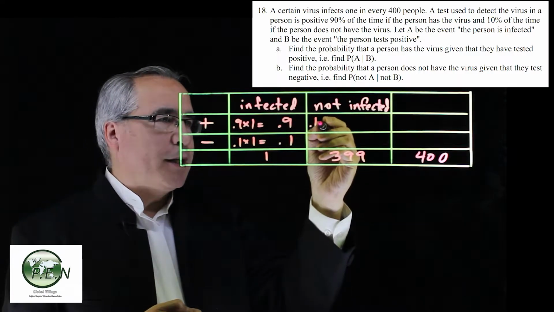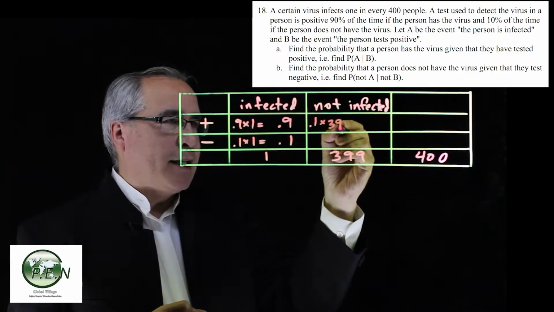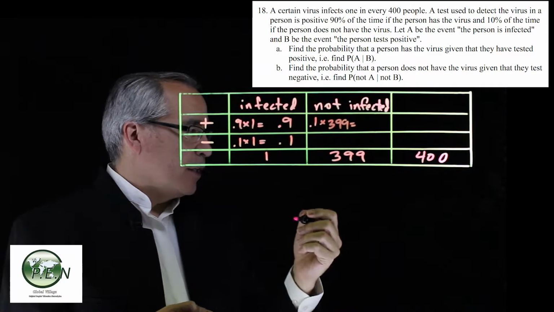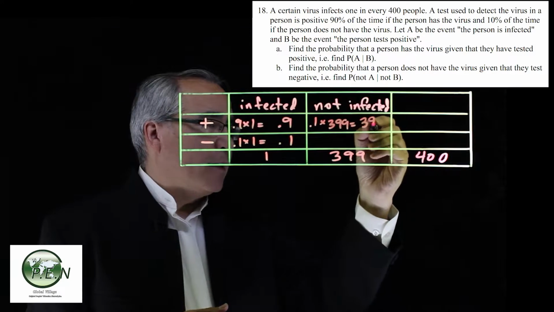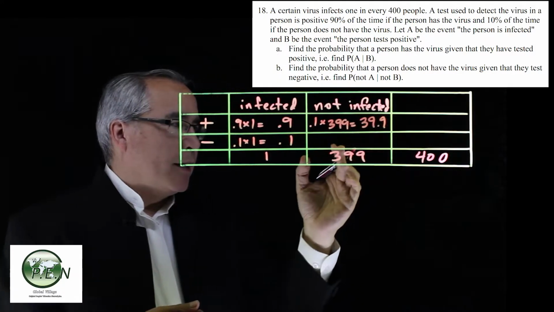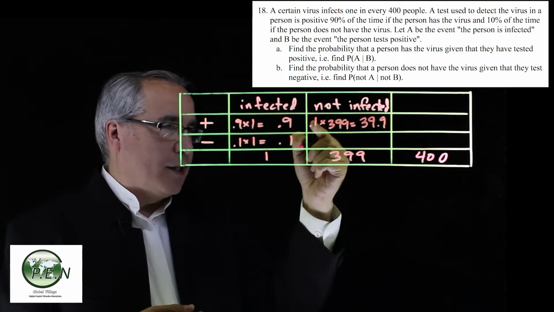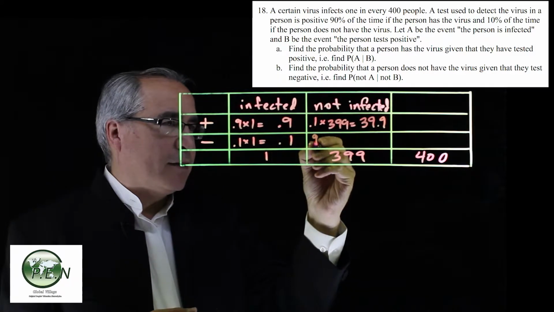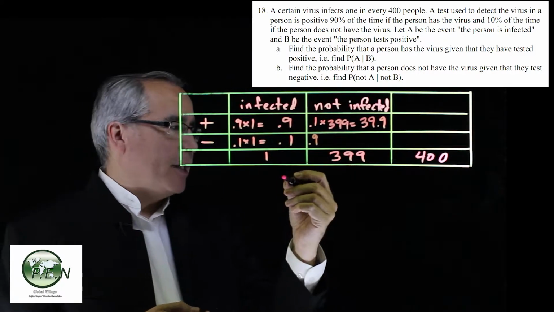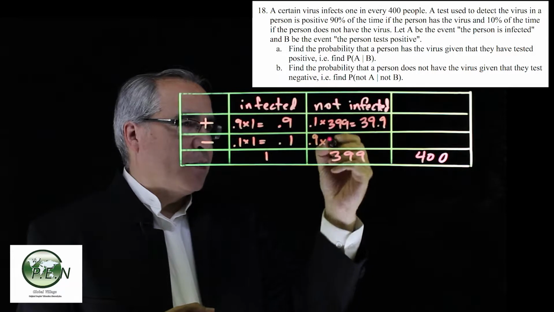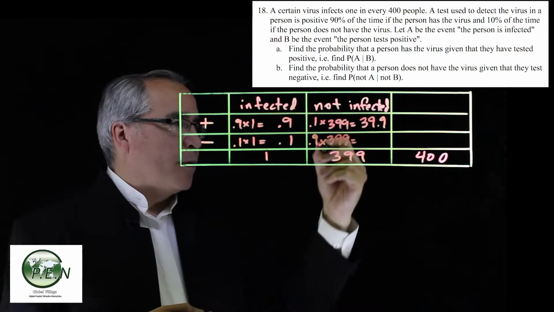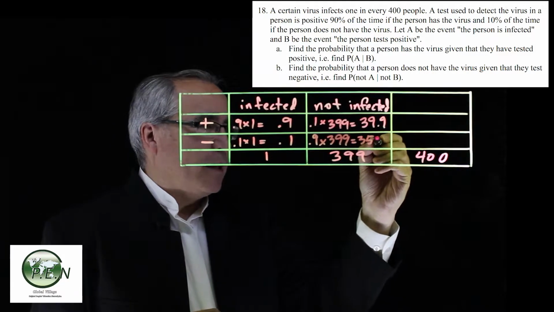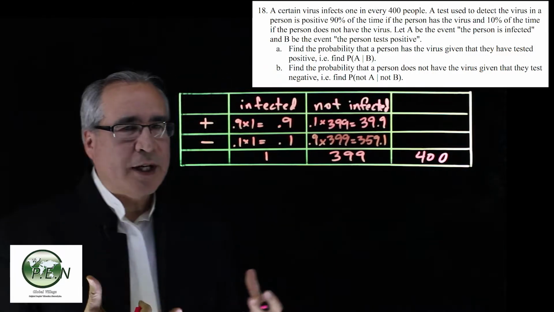So 0.1 times 399 gives us 39.9. And then, using the complement of 0.1, there's 90% who would test negatively. So we take that times the 399, and we end up with 359.1.